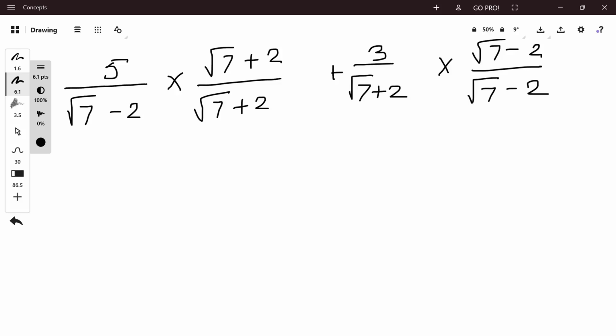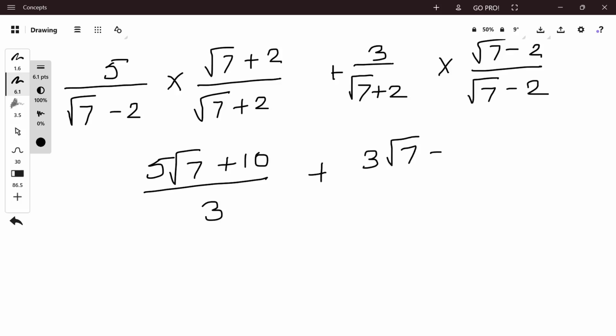That is 5 root 7 plus 10 upon 3 plus 3 root 7 minus 6 upon 3.